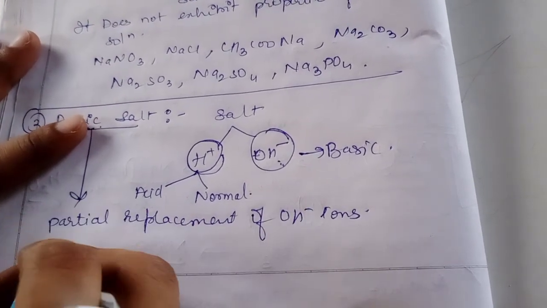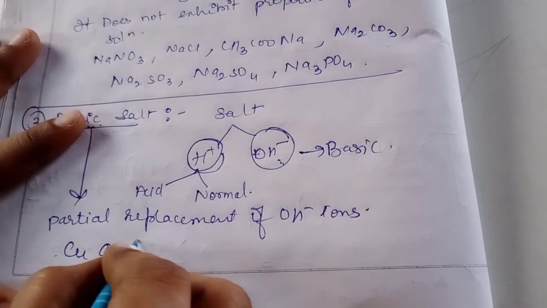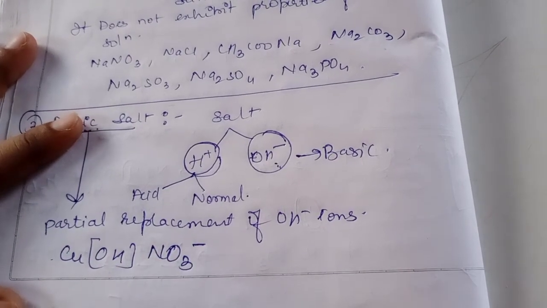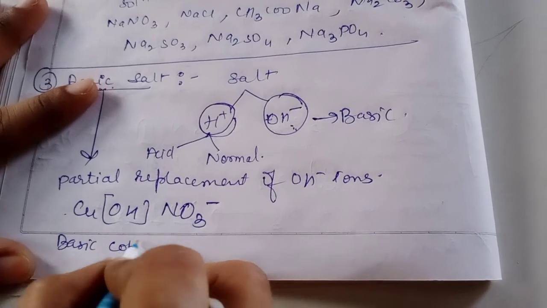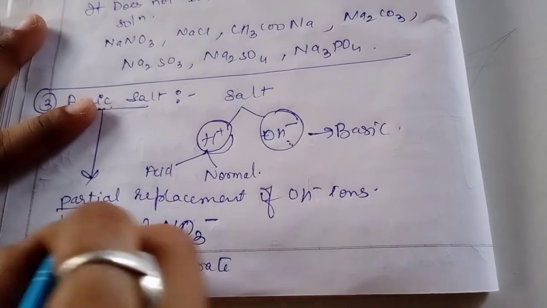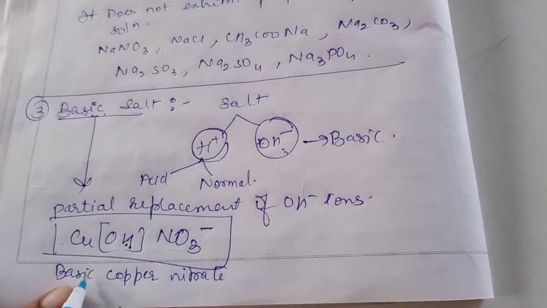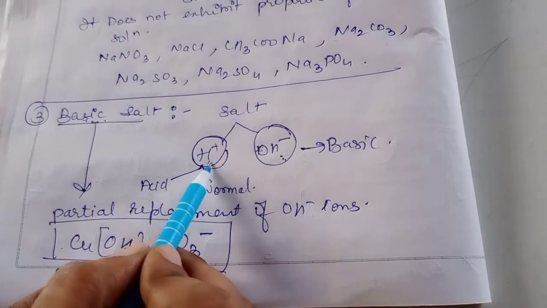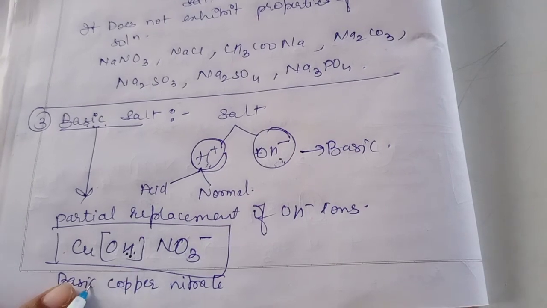Suppose we have basic copper nitrate. Children, here there is no preparation for this salt. You need to remember it as it is. This is basic copper nitrate. Now why basic? Because OH minus ion is present in the salt instead of H plus. Hence it is basic.